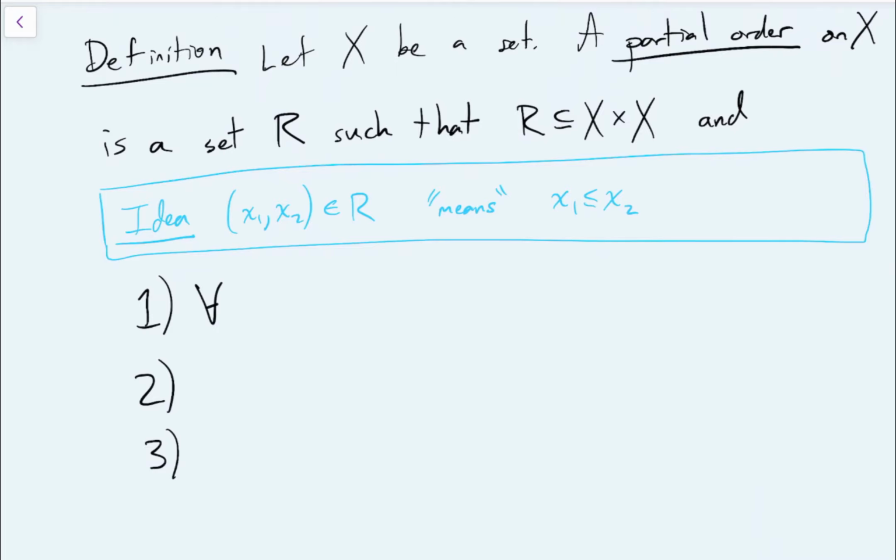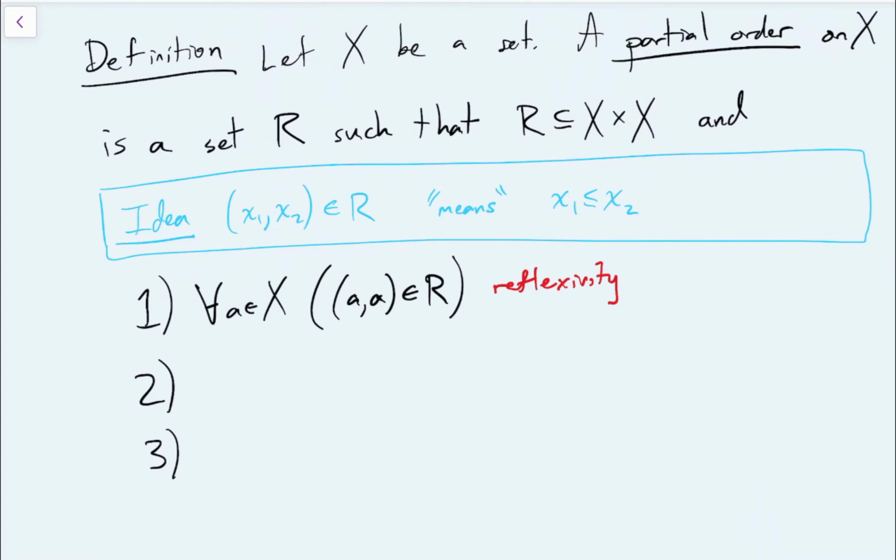So this should say, for all A in X, (A, A) is in R. That's our first axiom, reflexivity. Remember that (A, A) in R is what we mean by A is less than or equal to A with respect to this ordering.